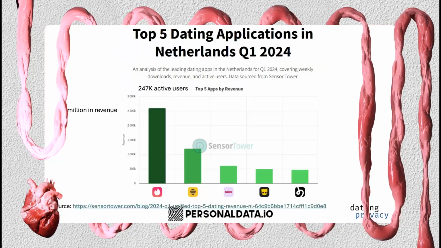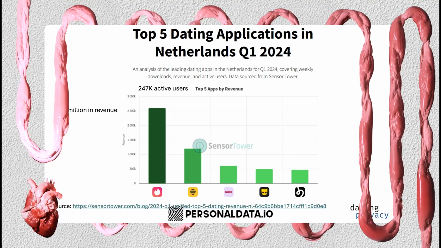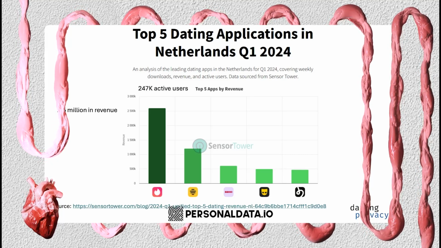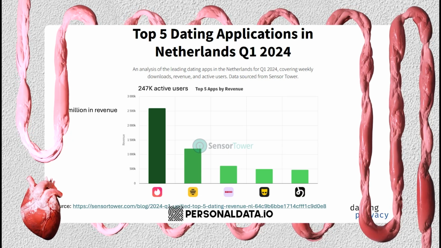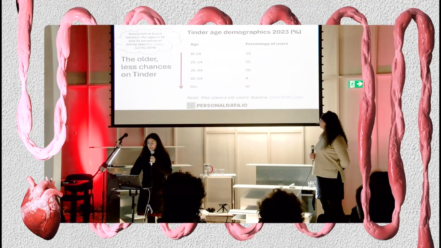In the Netherlands, what I found is that in the first quarter of 2024, Tinder was the most popular app used. The Dutch were making 2.5 million in revenue for Tinder, with approximately 247,000 active users. So it's quite popular.